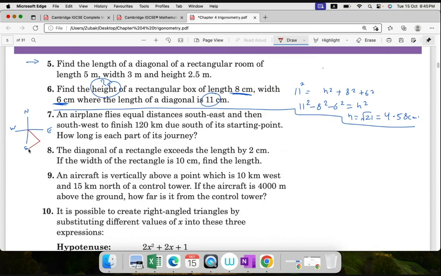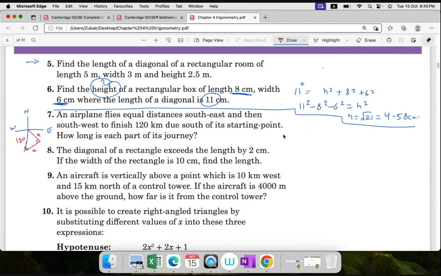So this and then this. This is 120. This is x, and that's 90 degrees. How long is each part of its journey? So we have to find x.